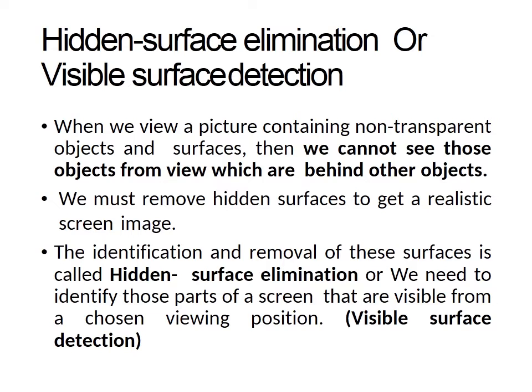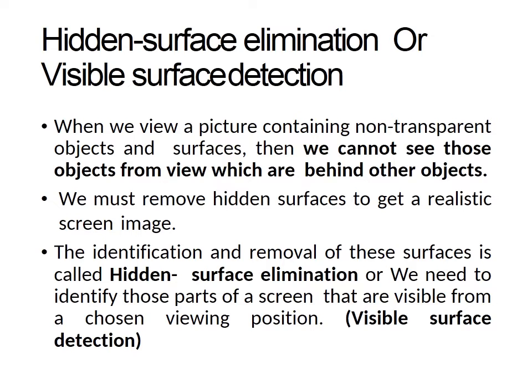Hidden surface elimination or visible surface detection. When we view a picture containing non-transparent objects or surfaces, we cannot see those objects which are behind other objects.